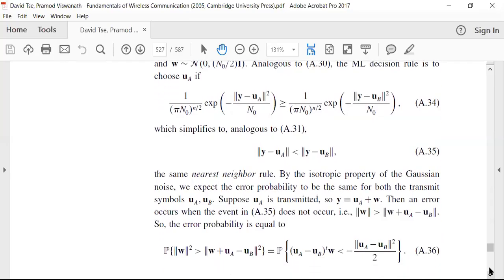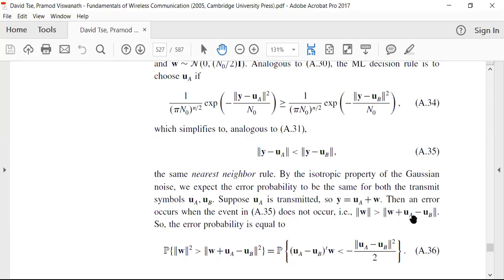So what will be the probability of error if UA is transmitted, but we find that the probability of the other term is greater? In other words, y minus ub is less than y minus ua, then in that case you get an error. So you can also say that the error will occur when w, so this is equal to w, y minus ua, and this will be w, because y is equal to ua plus w, so y minus ua is w, is greater than w plus ua minus ub.